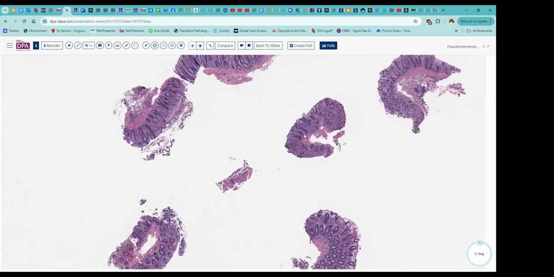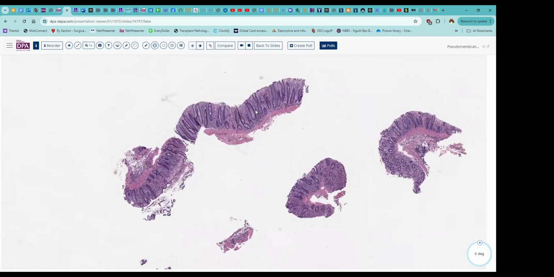And that can vary from one area of the colon to another. Typically, in the right colon around the cecum, we tend to have more inflammatory cells than we do in the left colon, in the sigmoid and rectum, and so forth. So that certainly is a consideration.